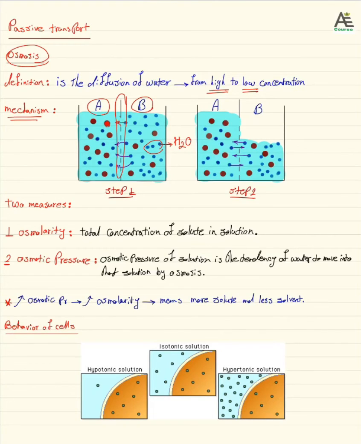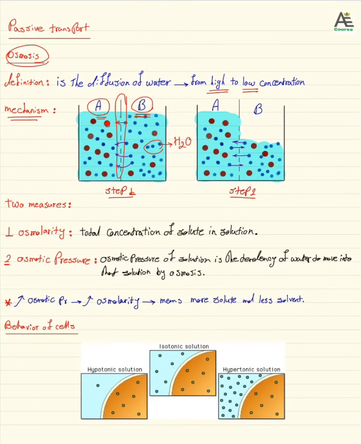So in step one, you see that there is a high concentration of solvent, water, in compartment B, and less concentration of water in compartment A.